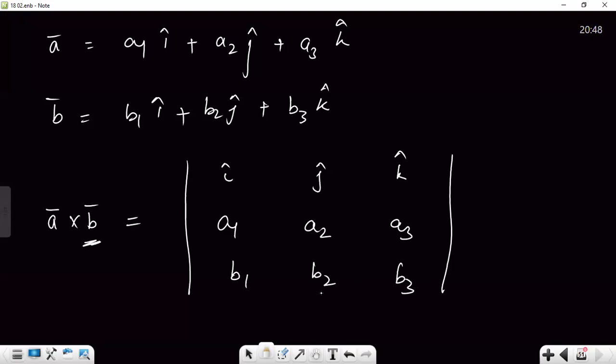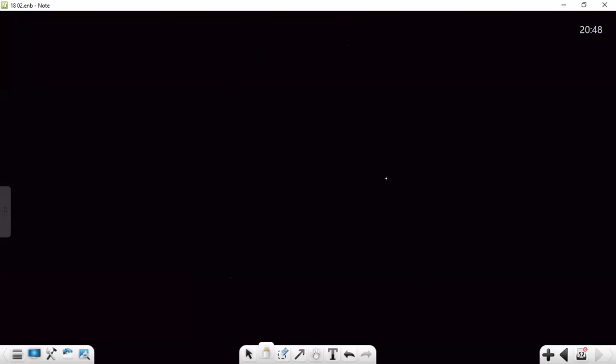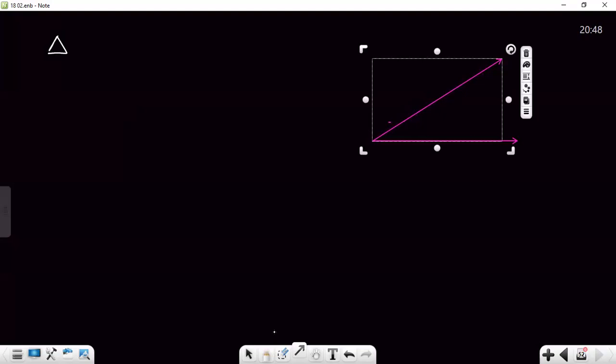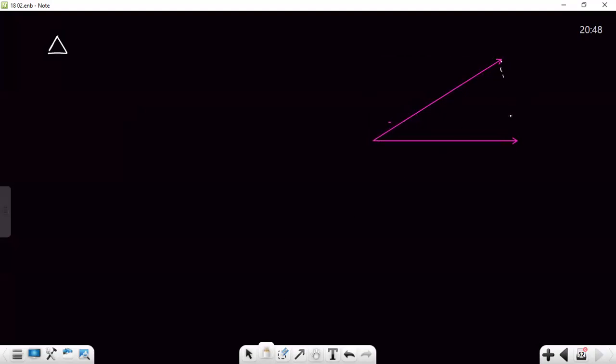There are some applications of the cross multiplication of vectors as well. What are the applications? If we have a triangle and we have two vectors in it, this is the triangle, and we have these two vectors, A vector, B vector, then we can find the area of this triangle.